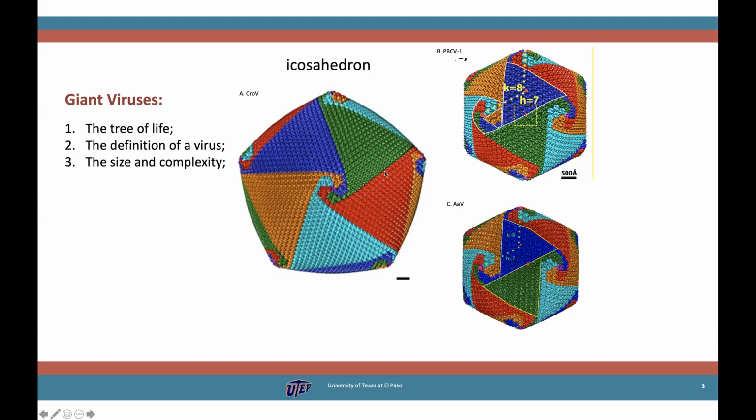You will see it has some different colors. Here, different colors mean different orientations. So for example, blue and green are the same capsid protein, however, they're in different orientations. And green and red are in different orientations. So different color means different orientation, but the same capsid protein.